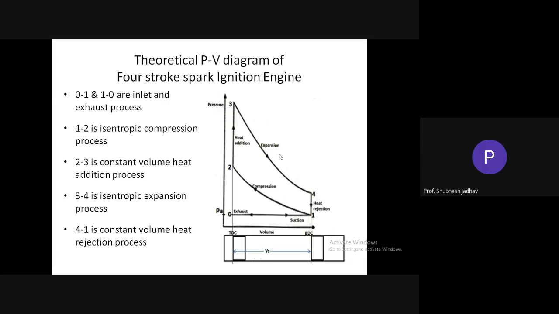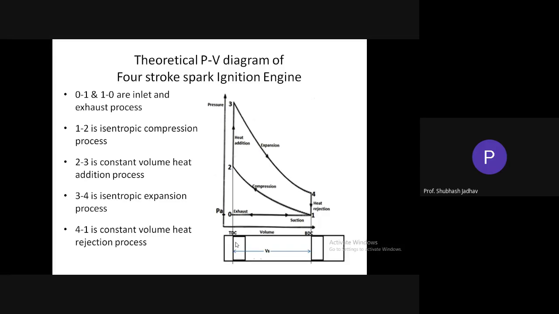Now to understand better, I have drawn here the cylinder and correspondingly the piston, when the piston is at top dead center and when the piston is at bottom dead center. The four operations happening are suction, compression, expansion, and exhaust.